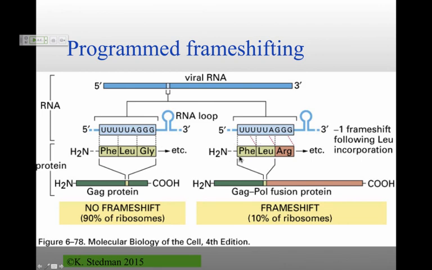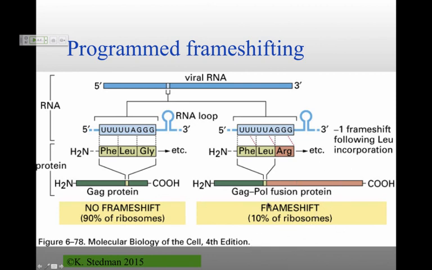And so instead of UUU, UUA, GGG, it's UUU, UUU, AGG, and now you start the next codon with a G. And it turns out this makes a much longer protein before you get to the stop codon. And this is absolutely critical in the case of all the retroviruses for getting this frame shift to take place.